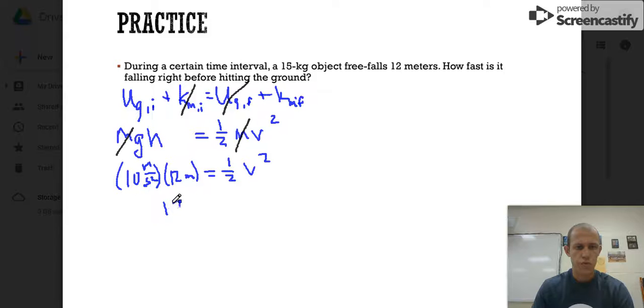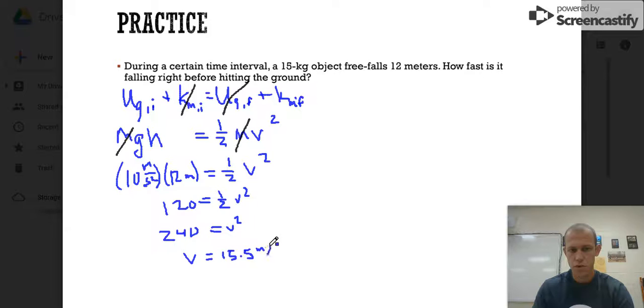So this is 120 equals 1/2 v squared. I will multiply by 2 to get 240. Then I have to square root to get v by itself, which gives approximately 15.5 meters per second. And remember, that's downward.